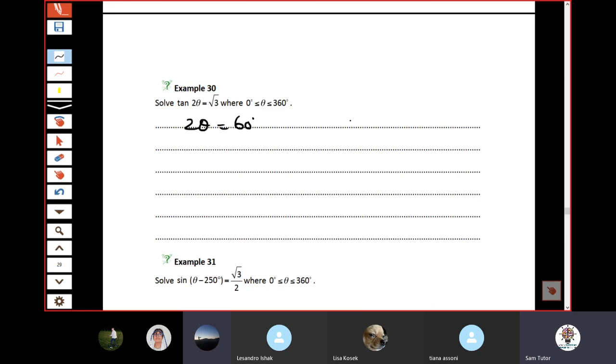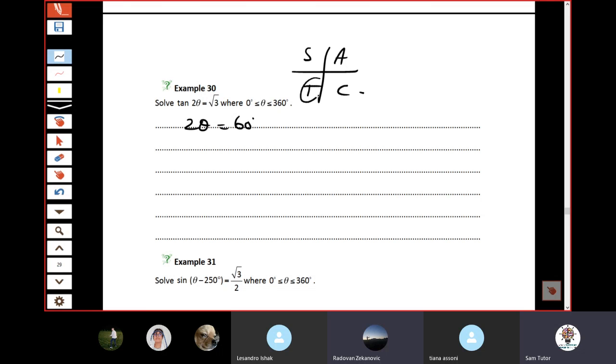And then you get all stations central. Where's tan positive? First and third, and you just go 60 degrees, and then 240 degrees. And you divide by 2. Oh wait, no. Oops. You have to add 360 to both answers.